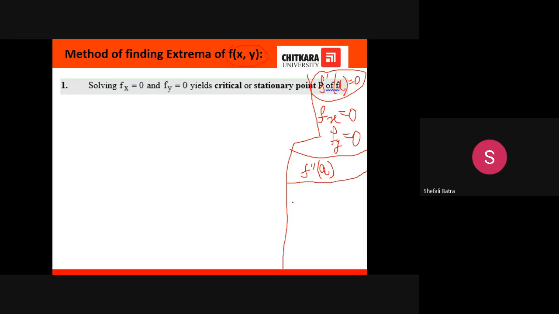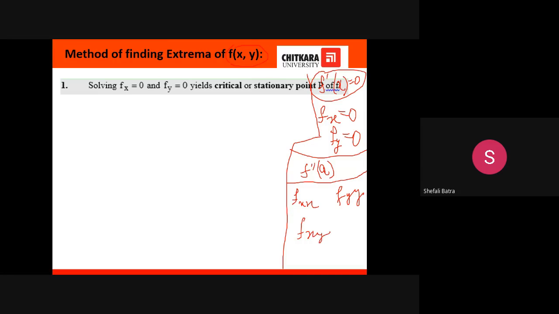How many second order derivatives do we have in case of a function of two independent variables? Three. Which three, beta? fxx, fyy, and fxy.